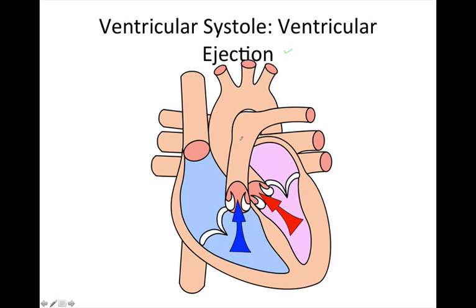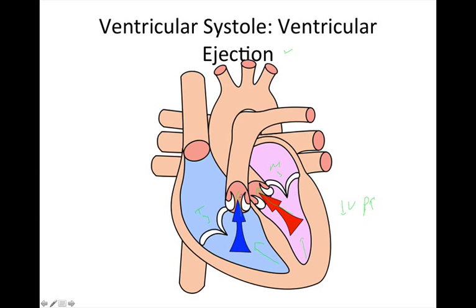Now, the next phase of ventricular systole is ventricular ejection, when blood is actually pumped out of the heart. Remember that the AV valves, your mitral and tricuspid valves, are still closed during this time. But now the ventricles have contracted to the point where they've decreased their volume and built up enough pressure to overcome those opposing forces outside of the heart and actually pump blood out of themselves.